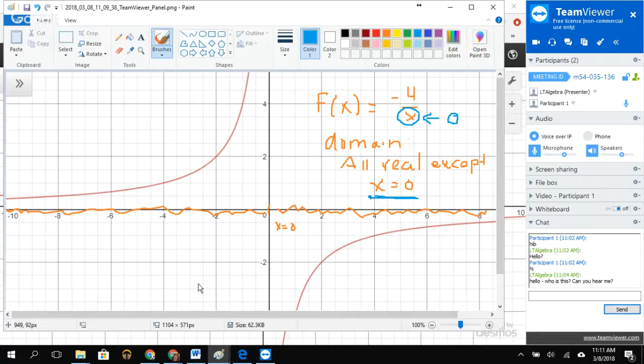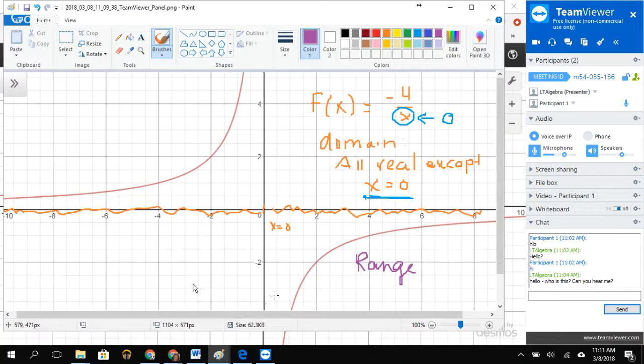Okay, now the range. We can figure it out by looking at the graph, and we can also figure it out by looking at the function. The range is our y's. So it looks like we're good on all our y's down here.